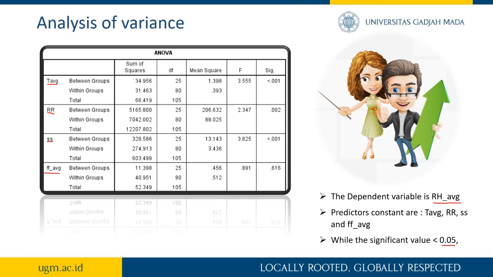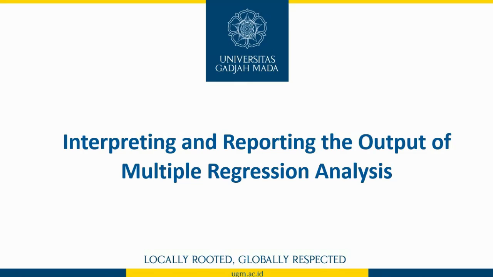Here we also got a significance value for each part, and all of this data, as I explained before, we got from the SPSS program. I hope you enjoy it. Thank you so much.